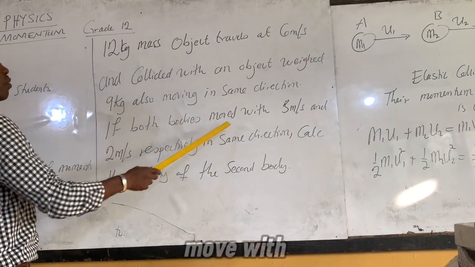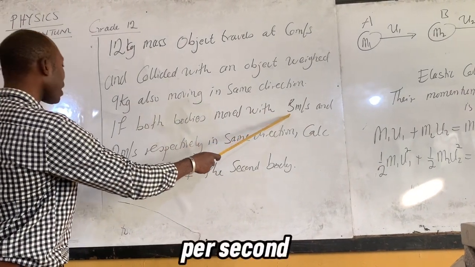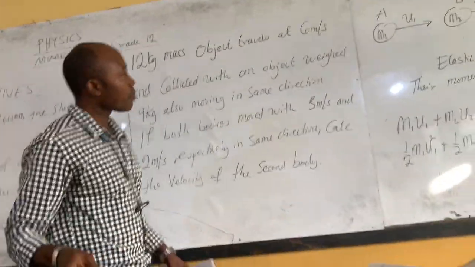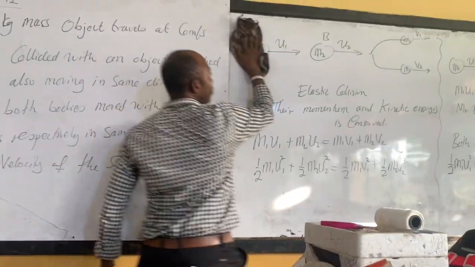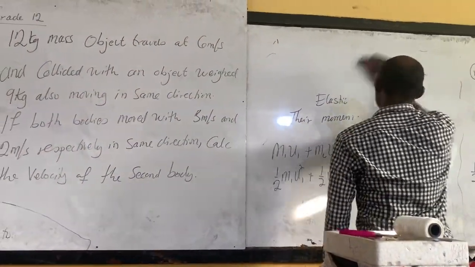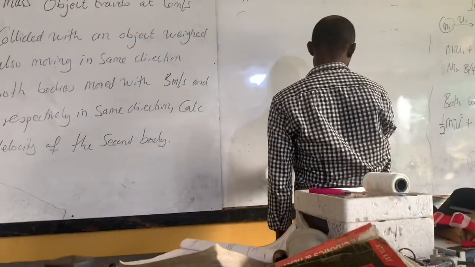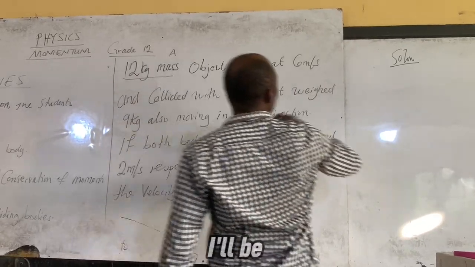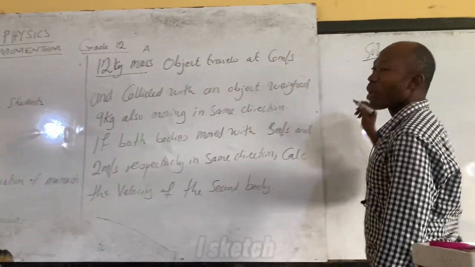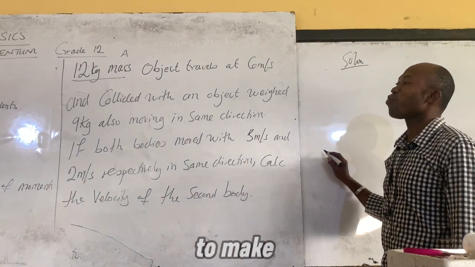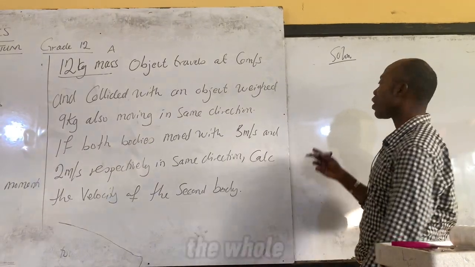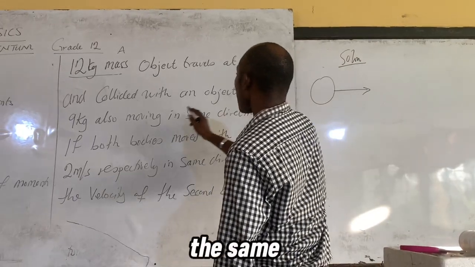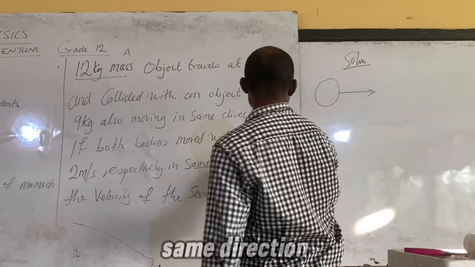If both bodies move with 3 meters per second and 2 meters per second respectively in the same direction, calculate the velocity of the second object. I sketch in all my calculations to have a visual impression of the whole question. So body A moves and they move in the same direction.